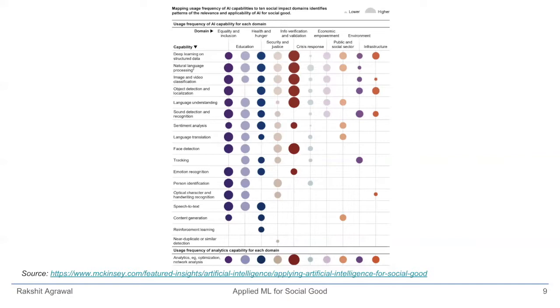Another important one is equality and inclusion. The advantage here is that the World Bank and many organizations around the world have been collecting and creating a large number of data sets on small things like distribution of electricity, like what is the availability of electricity in a certain region?